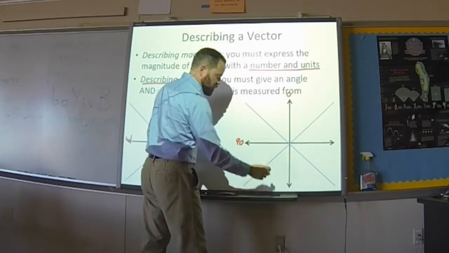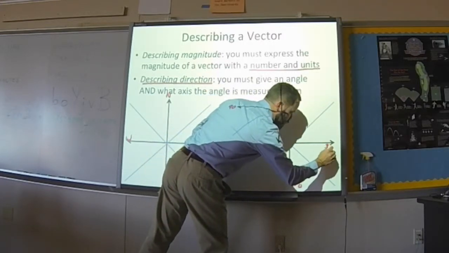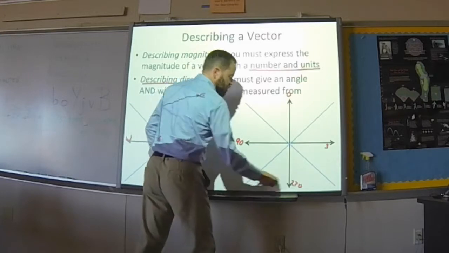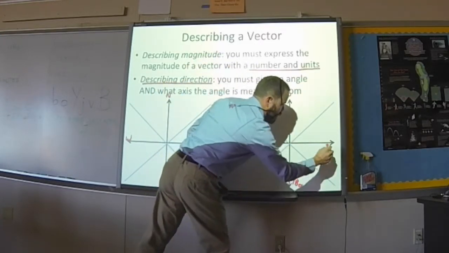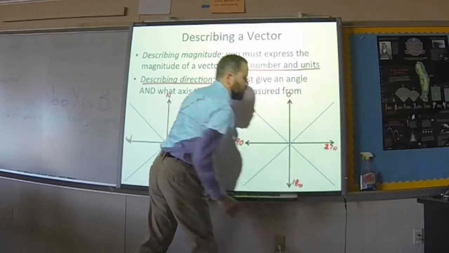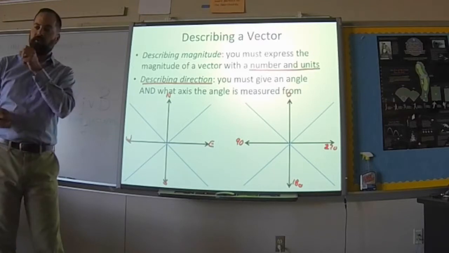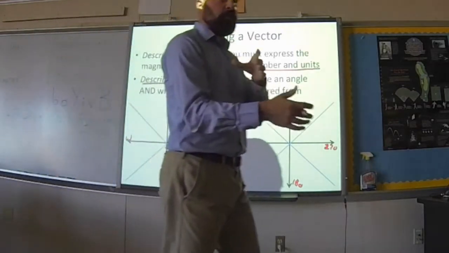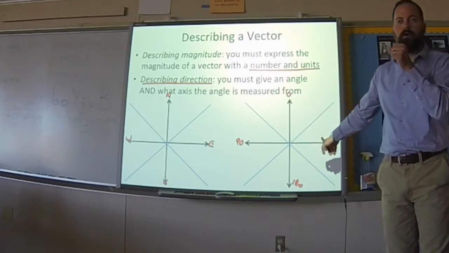So west would be 90, 270, and east would be 180, sorry. 180, 270. If you're in the military, you don't report back to your commander, hey, I'm going east. No. You say, hey, I'm bearing 270.